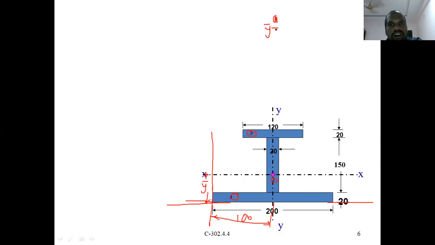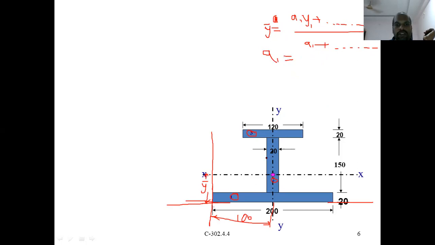Y bar is equal to A1 y1 plus A2 y2 plus A3 y3, divided by A1 plus A2 plus A3, depending on the number of sections we have divided into. So that is the formula. To substitute this, what do we need? We need A1.